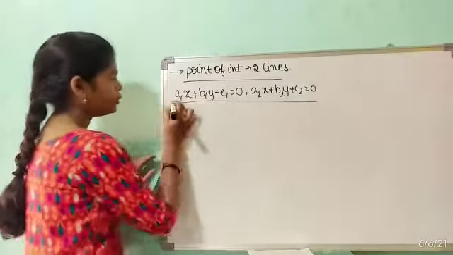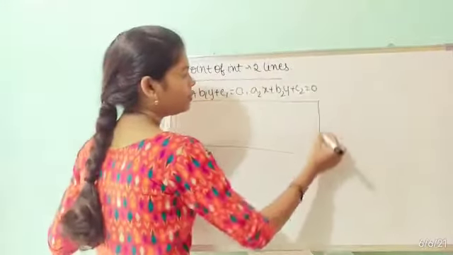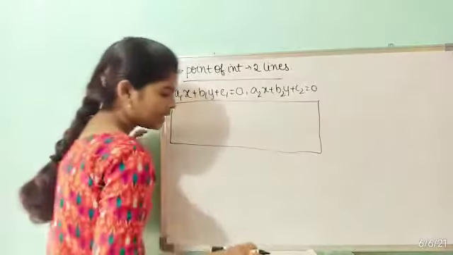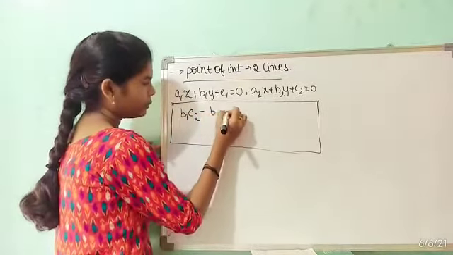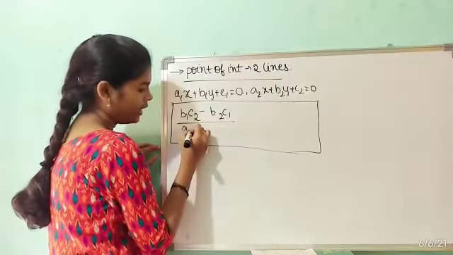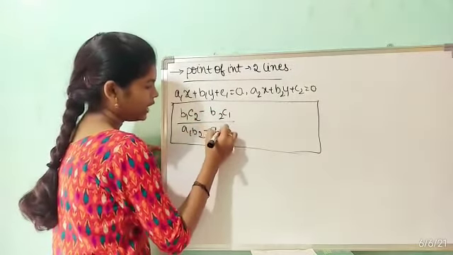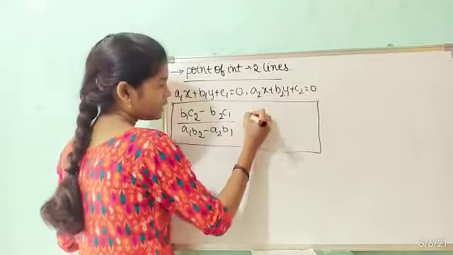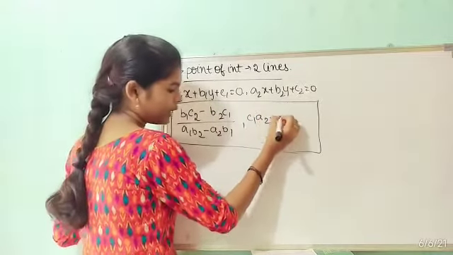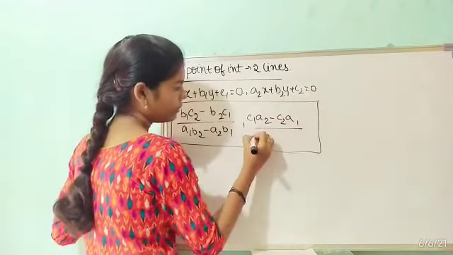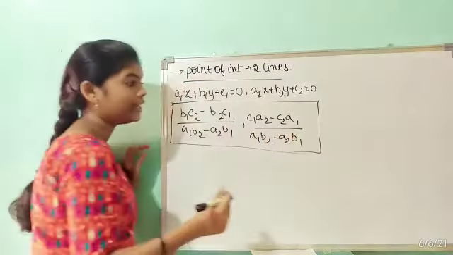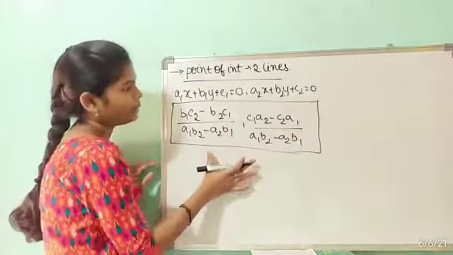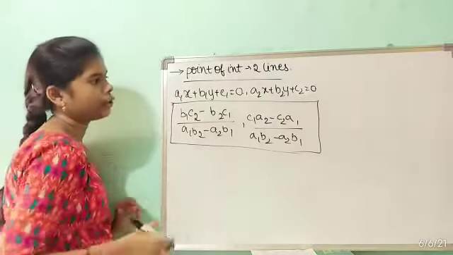Basically it's tough to remember, but if you remember it will be easy. It's like (b1c2 minus b2c1) by (a1b2 minus a2b1), and (c1a2 minus c2a1) by (a1b2 minus a2b1).